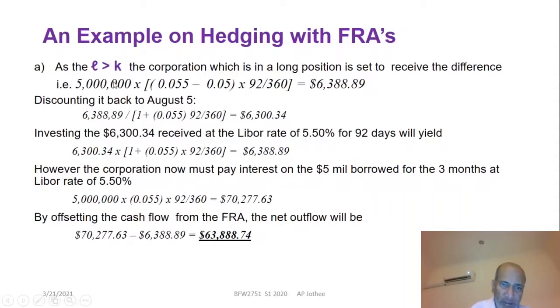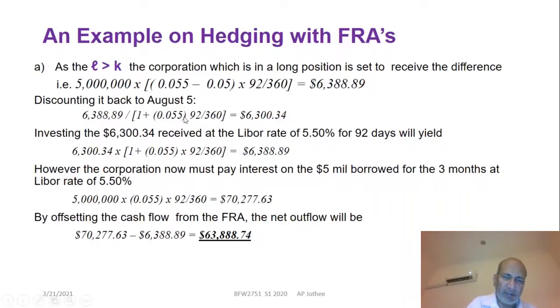Discounting it back to August 5. Because when you calculate this rate, it is at the final payment day, that is, September 5, October 5, November 5. So this amount you are discounting back to August 5, it will come as 6,334. How you calculate is: get the fraction of 92 over 360, that is 0.2555555, times the interest rate difference.